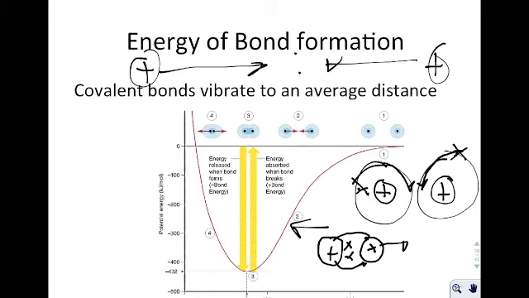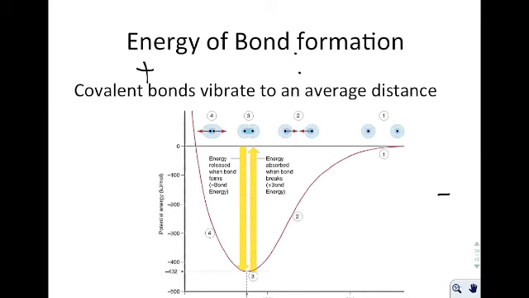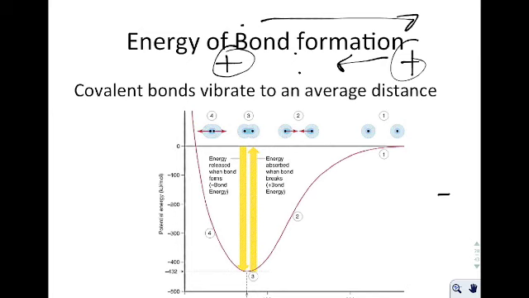So instead you have to look for the point where it reaches what we call equilibrium, or where the attractions between the nucleus and the electrons, the attraction here is negated by the repulsion of the other nucleus. So that's where we get the equilibrium position, or the point of lowest energy.